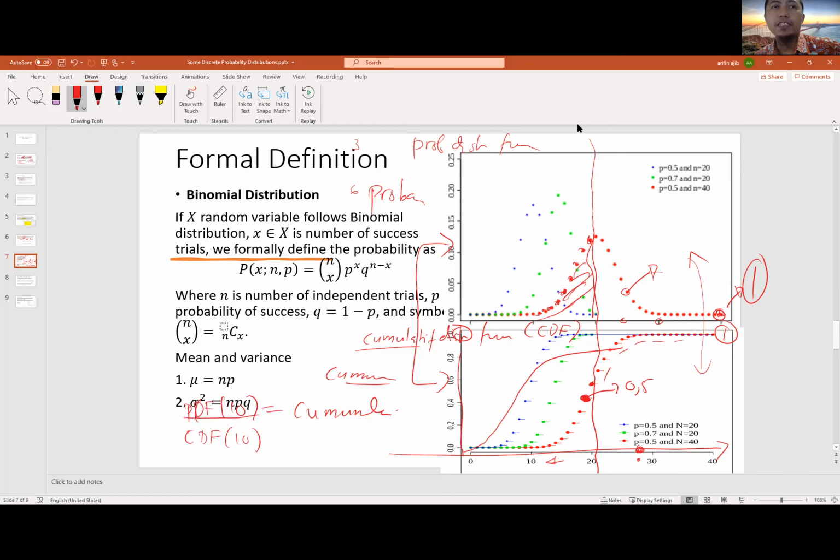Kalau PDF dari 10, dia hanya menghitung probabilitasnya si X ketika sama dengan 10. Tetapi ketika CDF 10, itu sama dengan menghitung probabilitas PDF 0 ditambah PDF 1 ditambah PDF 2 sampai dengan PDF 10.